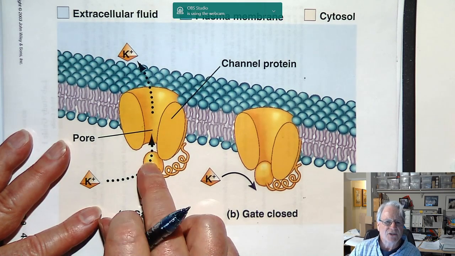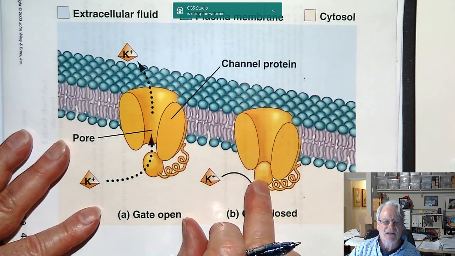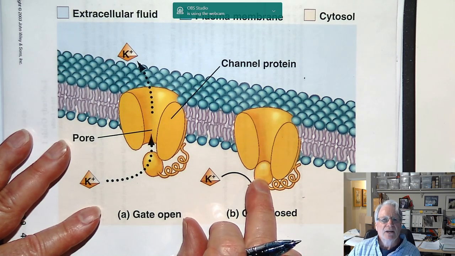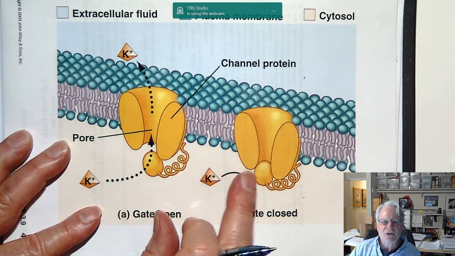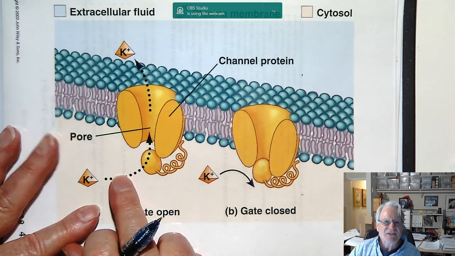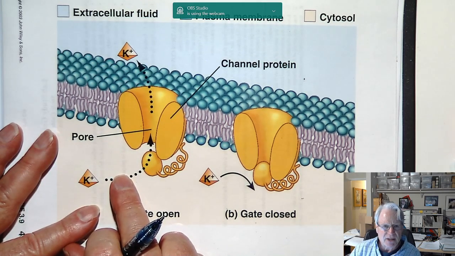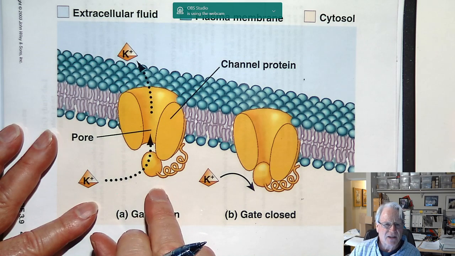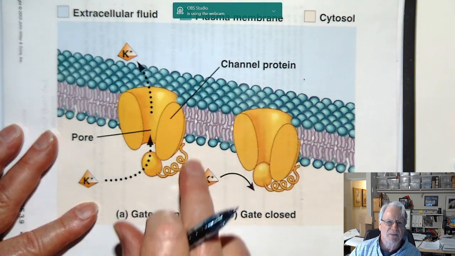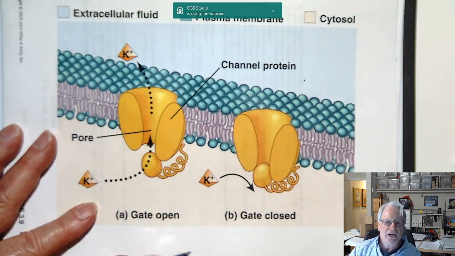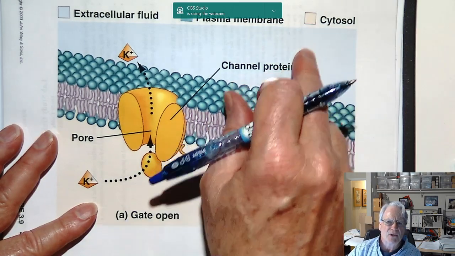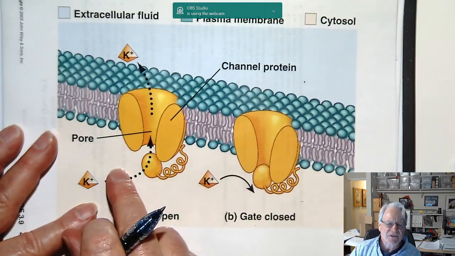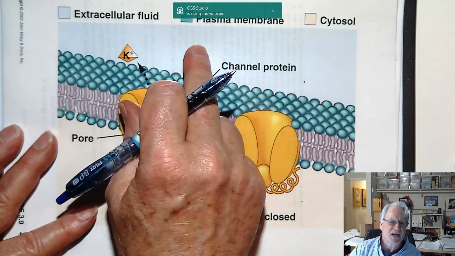In this case, the gate is open. In this case, the gate is closed. So what causes that to open or close? It can be two things, as we mentioned: either a difference in the concentration of charges across the membrane, or a difference in concentration of some chemical across the membrane. Now, the difference in electrical charges is much more common.